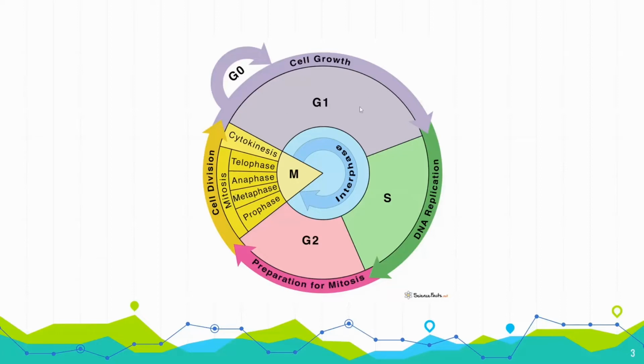Starting at the G1 phase, DNA is synthesized, organelles are duplicated, and the cell grows in size and creates building blocks. Now moving to the S phase, DNA is replicated and centrosomes are duplicated. After that, in the G2 phase, the cell makes more proteins and organelles, and this phase ultimately prepares the cell for mitosis. And at the end of interphase, chromosomes are uncondensed.